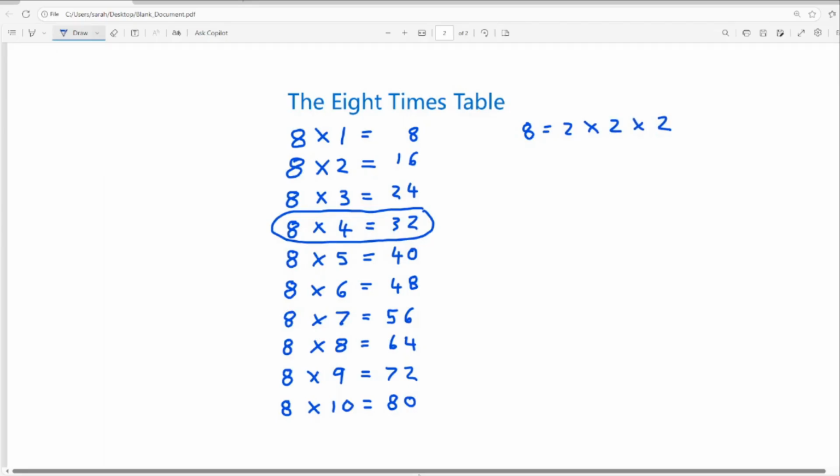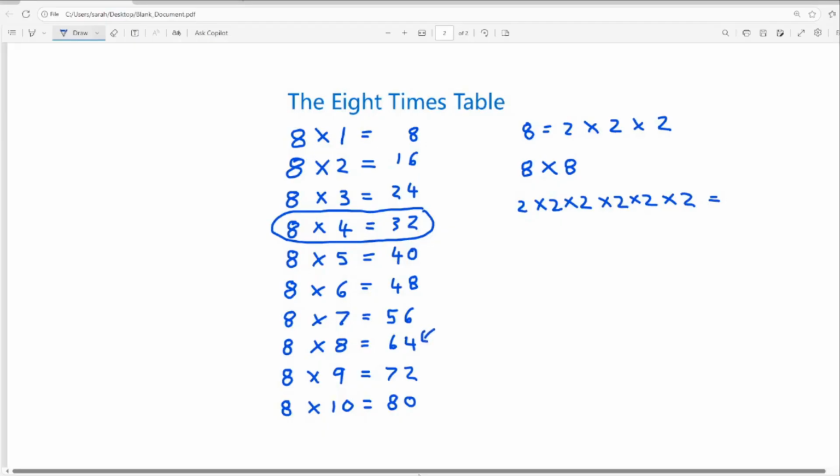So if we've got 8 times 8, that's the same as double, double, double, double, double, double. So I've got 6 of those. Double, double, double, double, double, double. And it just sounds so silly.